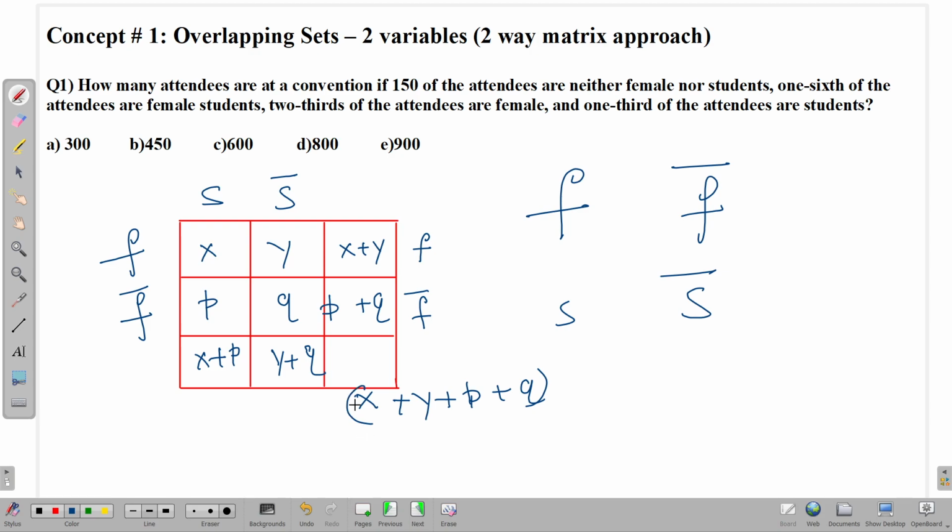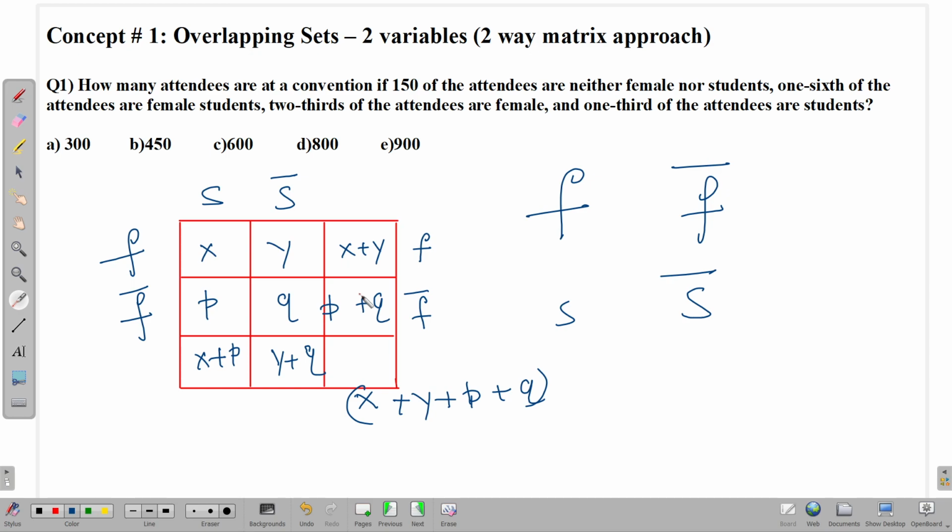We can get it by either summing up the verticals or the horizontals. If we sum this up, we still get this. If we sum this up, we get this. Understood?